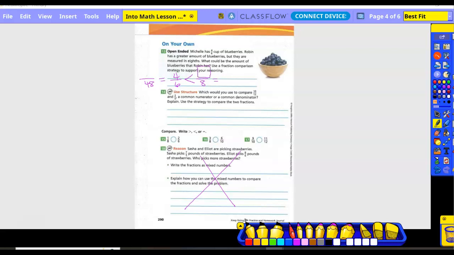So we're looking for this right here. Kind of like we did on the other side, right? So how did I get from 6 to 48? What I do on the bottom, I do on the top. So 4 times 8 is 32, right? Okay. How do I get from 8 to 48? Times 6. What I do on the bottom, I do on the top. So this number has to be bigger than 32.